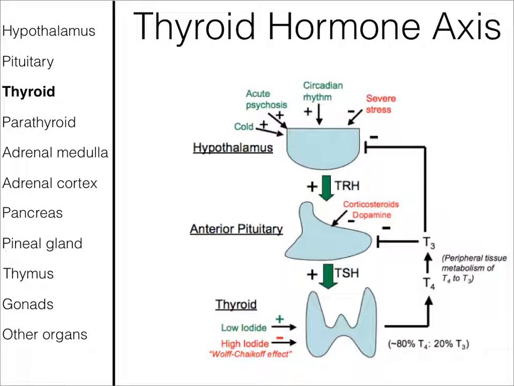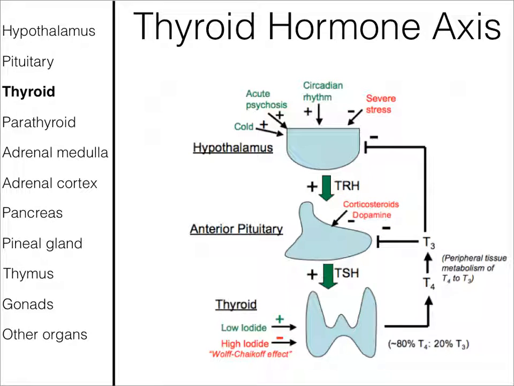Similarly, the yearly cycle can have effects as well. Some acute psychoses cause an increase in the hypothalamic production of TRH, resulting in more thyroid hormone, and often this results in a temporary psychosis-associated hyperthyroidism. Severe stress will inhibit the hypothalamus from producing TRH.